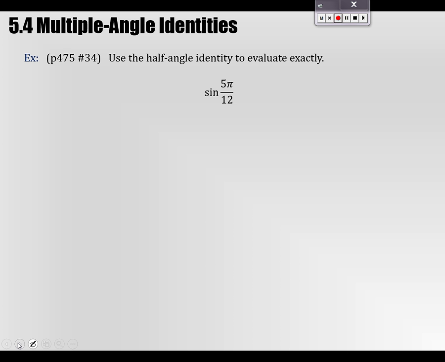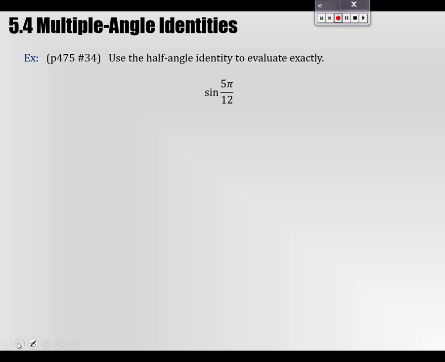So it's the square root of 1 minus cosine of this thing, 5 pi over 6, over 2. I just copied that right off my formula sheet. The cosine of u over 2 is equal to this, the sine of u over 2 is equal to this. And all of this stuff we know how to deal with.